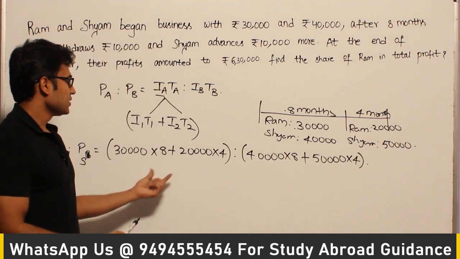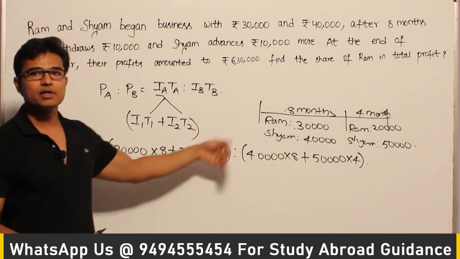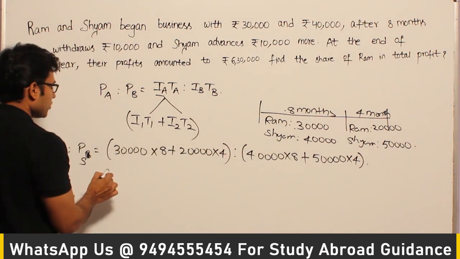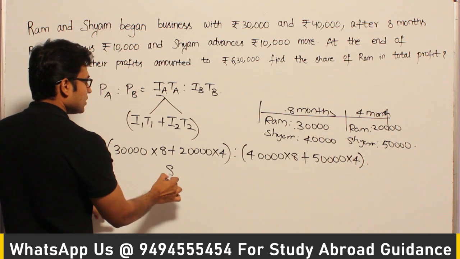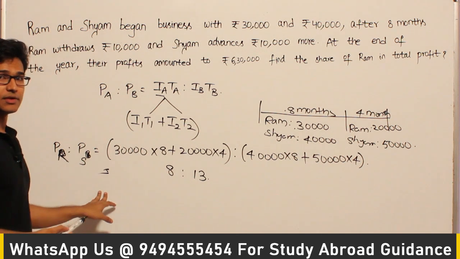Got it? Now this is the ratio in which the profit has to be divided, because this is how they contributed the amounts. So what is it going to be? It is going to be 8:13. If you compute it, it is going to be 8:13, right?